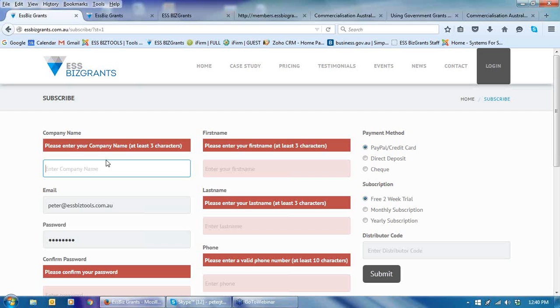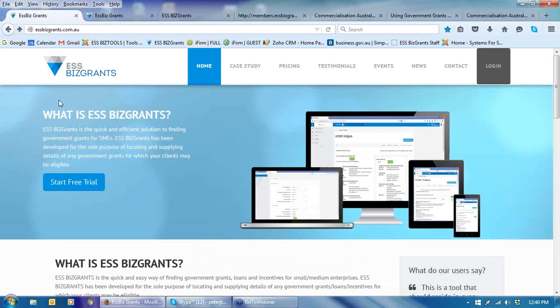The system is on cloud technology, so you can utilize the client's name or a reference number or combination of letters and numbers if you wish, because our recommendation is you leave the information in the ESS BizGrants system so that next year all you've got to do is update it. That will speed up the process a little bit more.